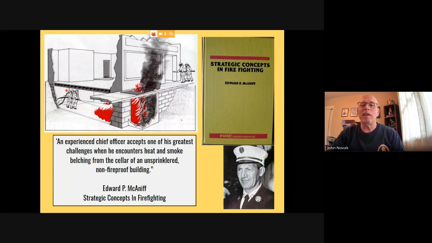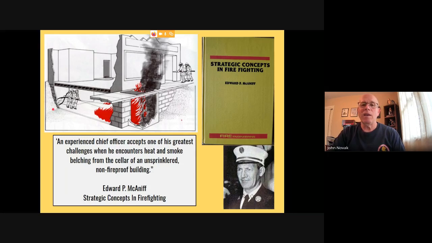Firefighters were able to get down and attack the cellar fire at the same level as the fire. There wasn't any fire coming up the stairs, so that was just one method, one tactic. There are other tactics out there.